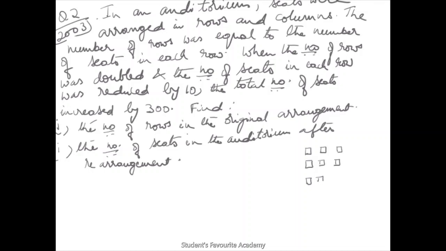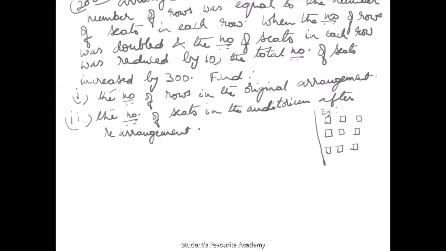That means the number of rows is equal to the number of seats in each row. So in that case, what will be the total number of seats? 9. That is 3 into 3. I just gave a small example for you to understand.